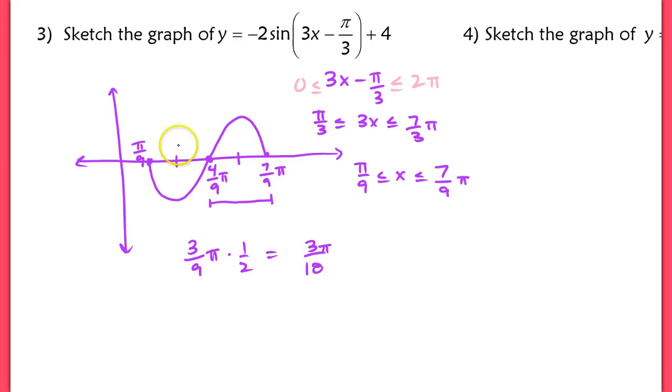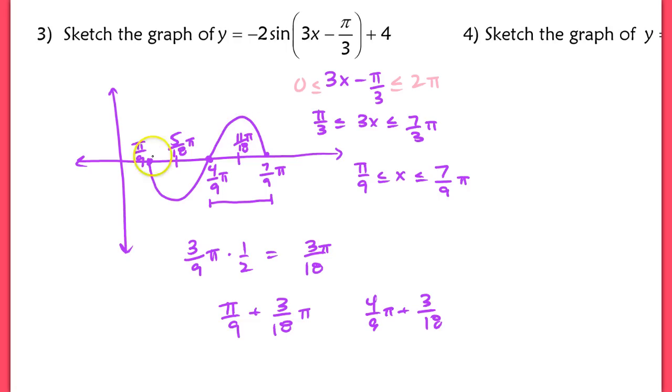I also want to take pi over 9 and add 3/18 pi to that as well. Okay, to figure out what that point is here. So let's do the first one. Pi over 9 plus 3/18 pi gives me 5/18. So I have 5/18 pi here. 4/9 pi plus 3/18 pi gives me 11/18 pi.